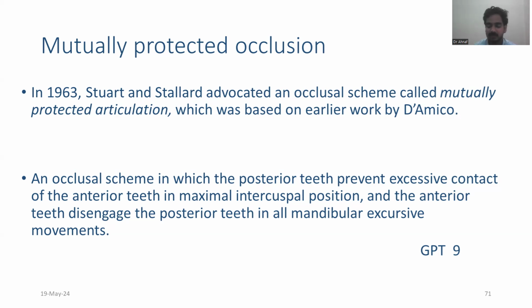So during centric relation or maximum intercuspal position, you have contact of posterior teeth only, with no contact of anterior teeth. In all other excursive movements, protrusion or lateral protrusion, the anterior teeth will come in contact and disengage the posterior teeth, and there is a separation of posterior teeth. By this mechanism, anteriors are protecting the posteriors and posteriors are protecting the anteriors.